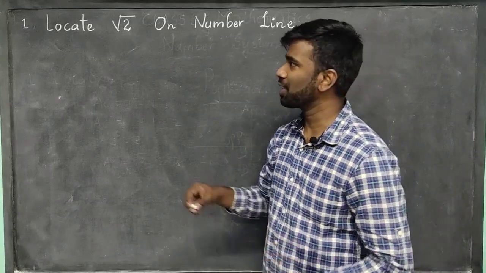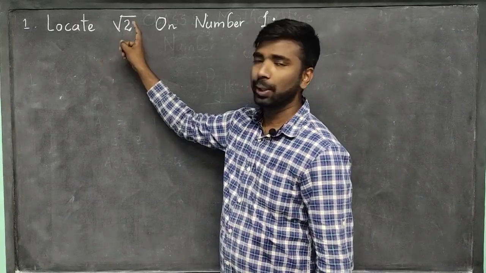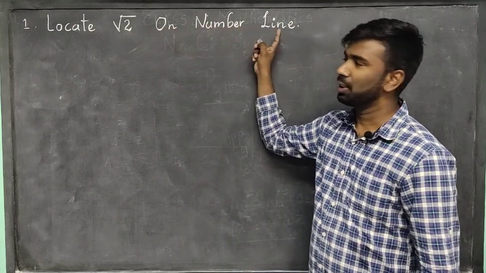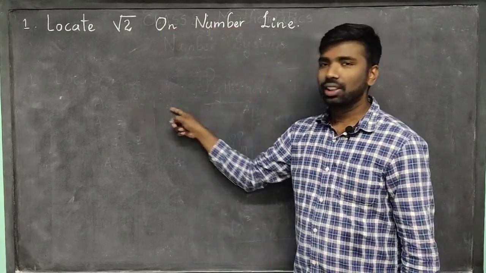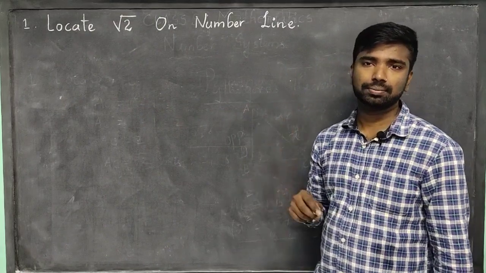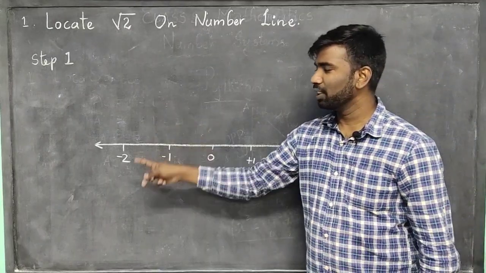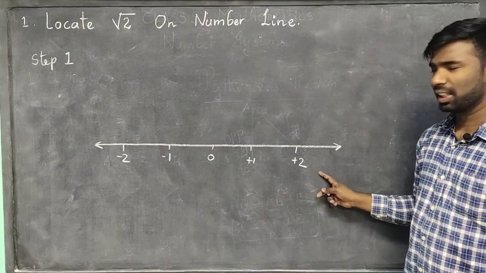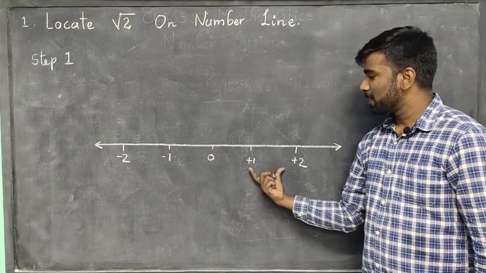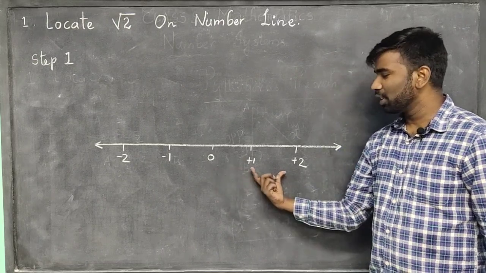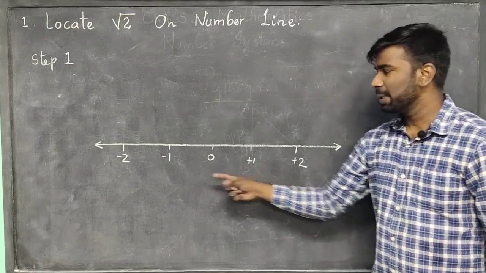Students, we will now try to locate the irrational number root 2 on the number line. The first step is to draw the number line. The important condition is that the space or length between two numbers should be the same.